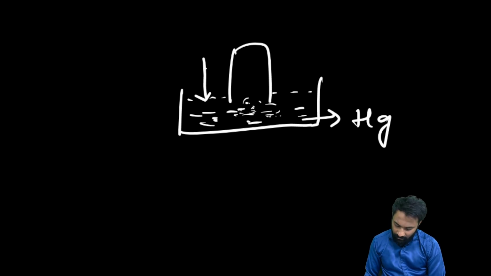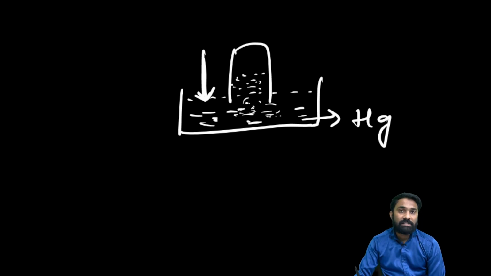Then when the pressure is high, the pressure is exerted here, and this Hg column will be raised in the barometer. How much the Hg column has been raised in the barometer, that will be the 1 atm pressure.